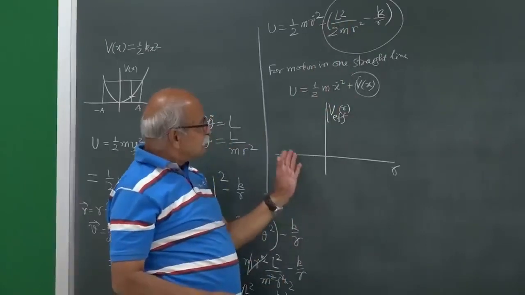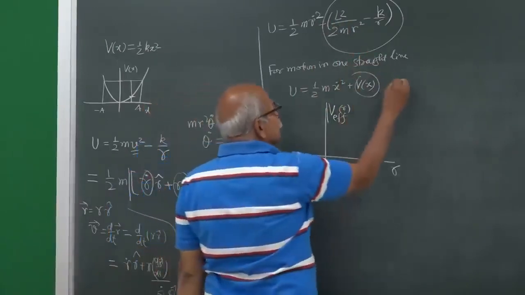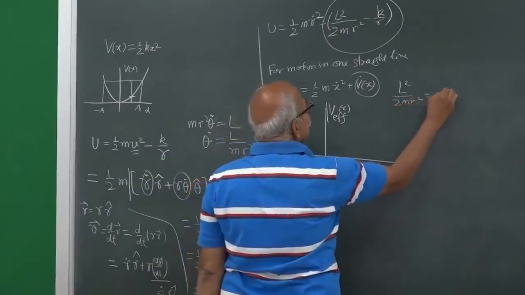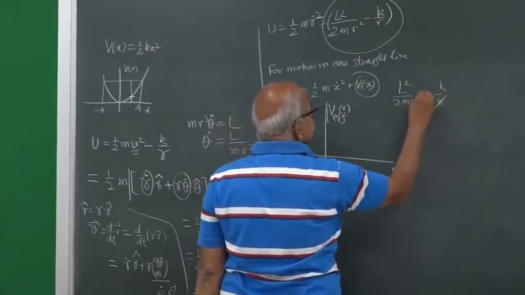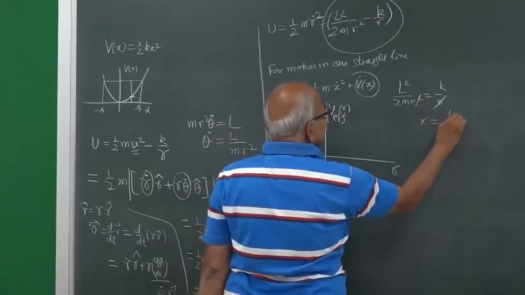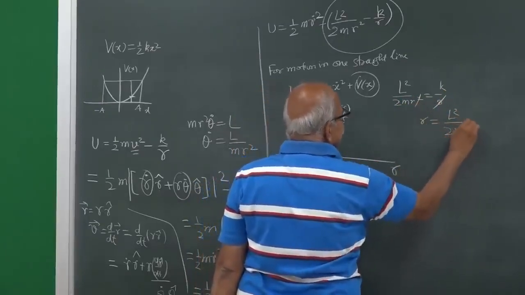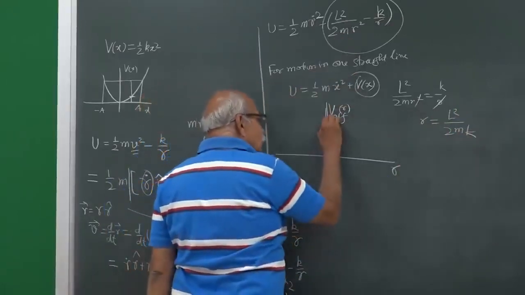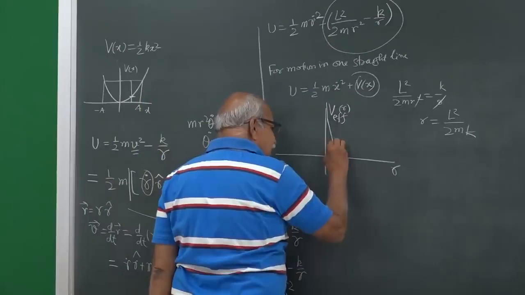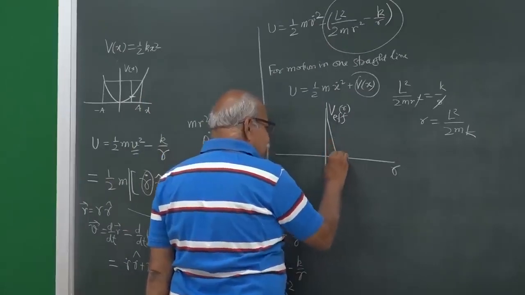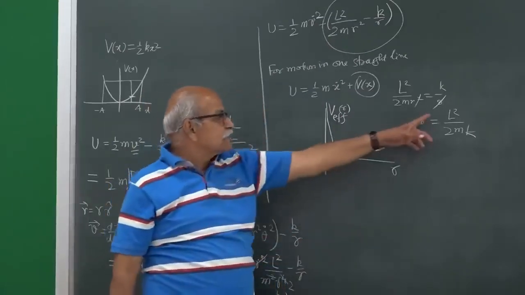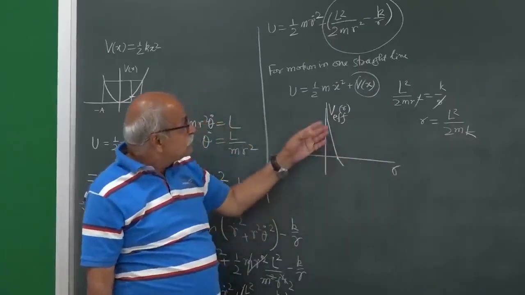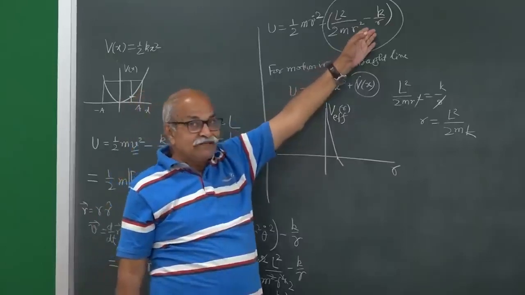and then it will come down, and at some value, which value? L square by 2 m r square is equal to k by r. So r is equal to L square by 2 m k. At this value, this whole quantity is 0, so it will cross the r axis somewhere here. Now the 1 by r term will start dominating.